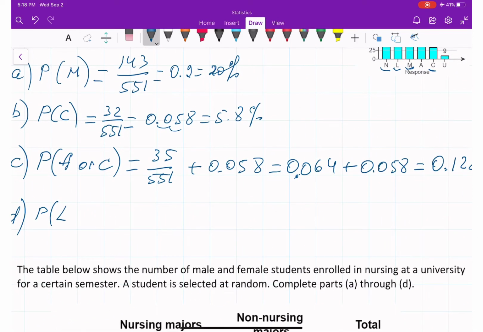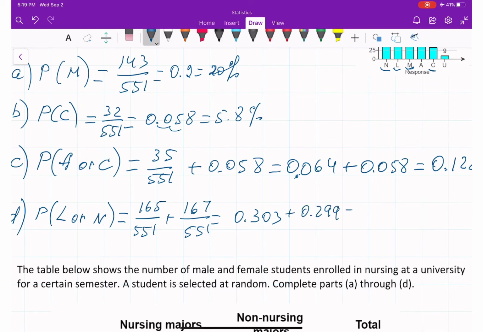L or N. So for L, we have 165 over 551 plus 167 over 551. And that's equal to 0.303 plus 0.299. The result is 0.602. And always pay attention to what your problem says at the end in parentheses, round to how many decimal places.